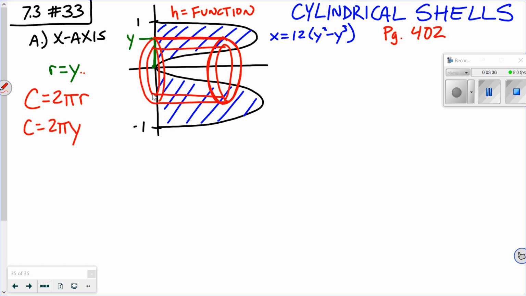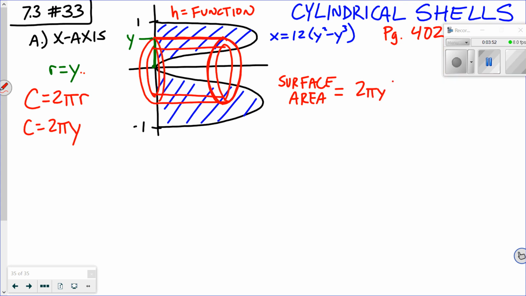So surface area equals circumference, 2 pi y, times my height, which I said is just going to be my function, 12 y squared minus y cubed.